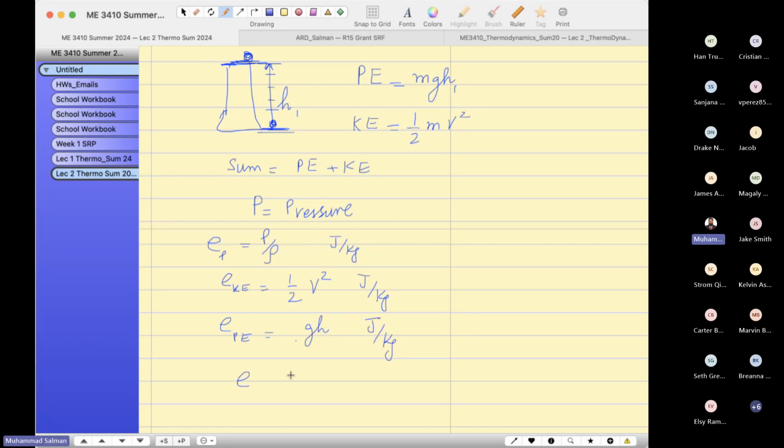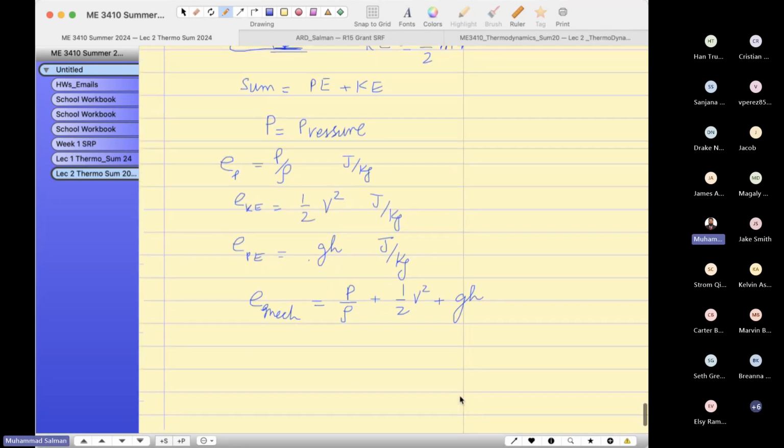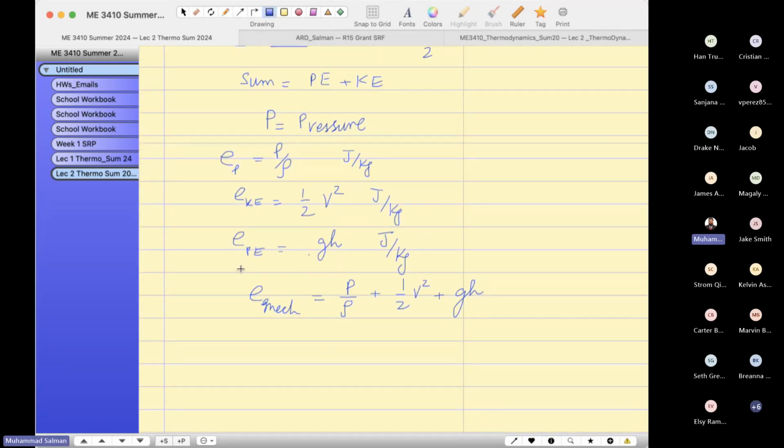So if you add all those types of mechanical energies, specific pressure energy plus specific kinetic energy plus gh, this is also known as Bernoulli's equation. We will talk more about it next week.